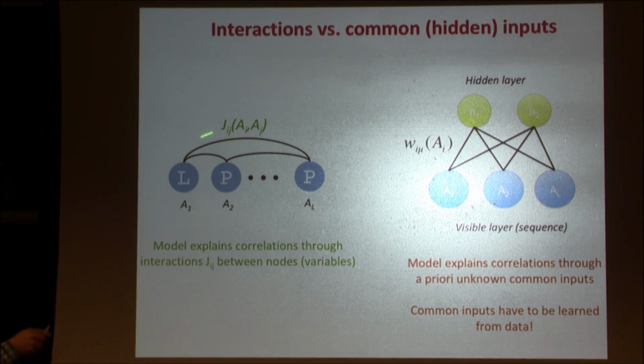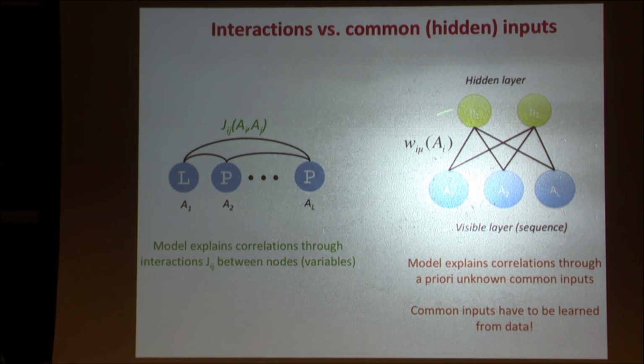So the idea is that instead of looking at a network of interactions between sites, you may think that you have your different sites, and they are subject to some constraints coming from some hidden variables. And these hidden variables will code for the features of a protein.